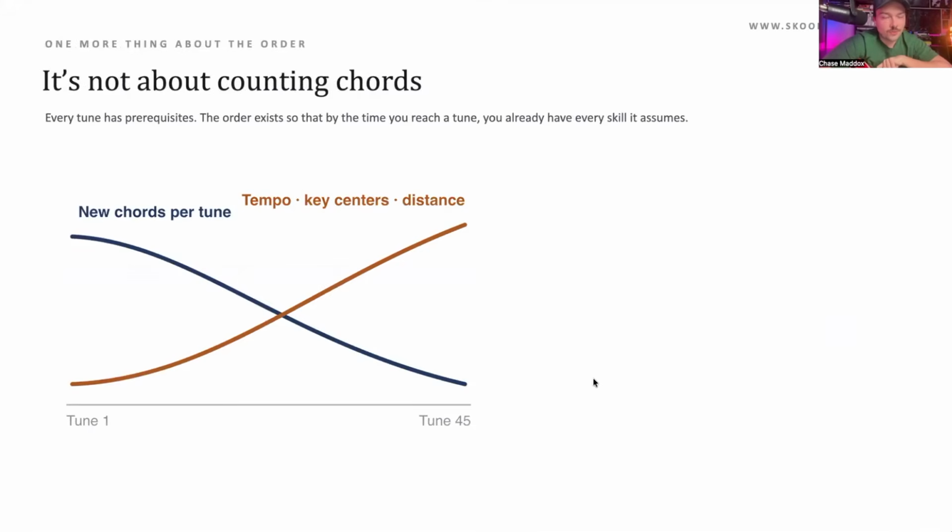One of the critiques that I get for this, people will talk about, the number of chords isn't important. And it's not really about the number of chords as much as it is harmonic information.